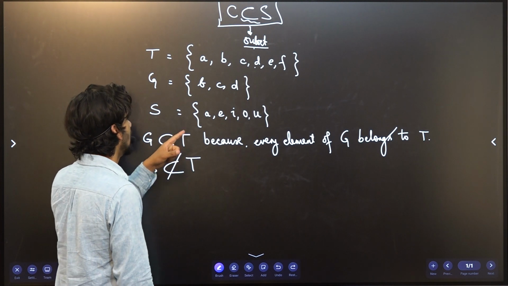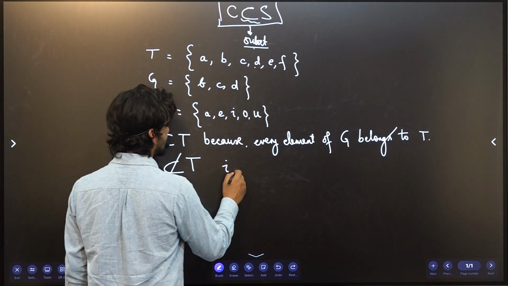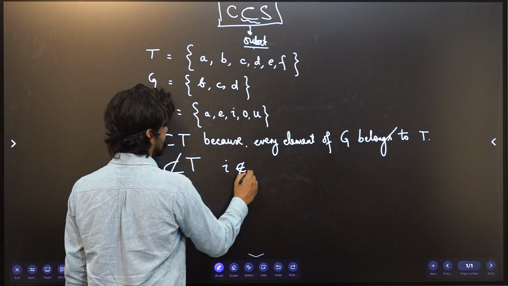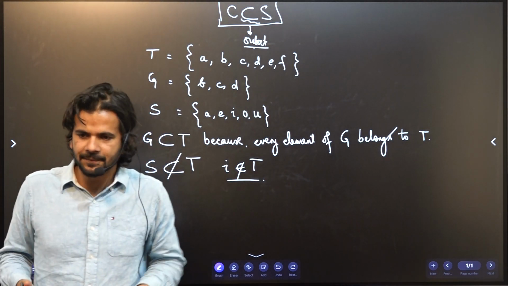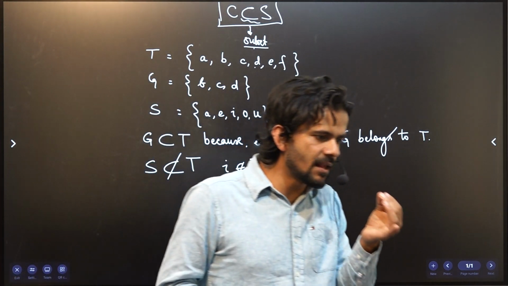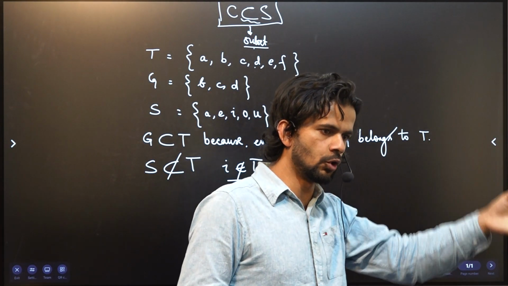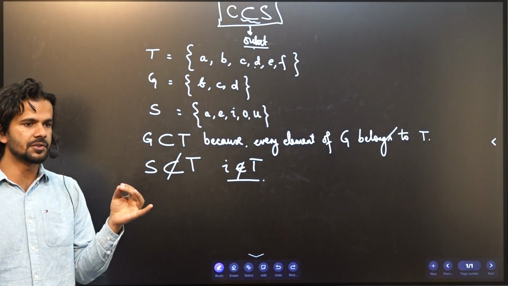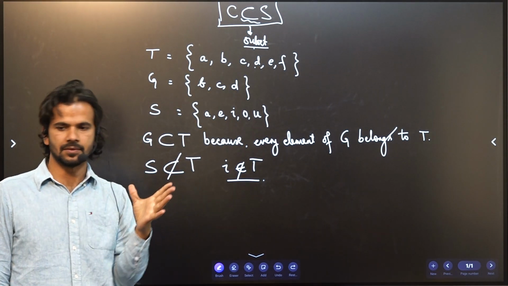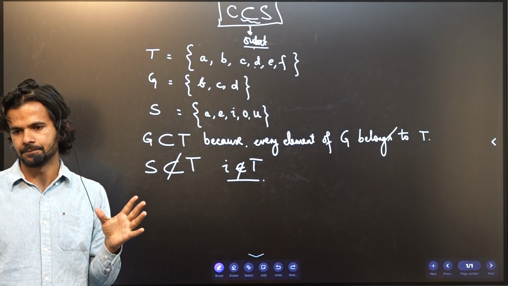Because I does not belong to T. Even if there is one element which does not belong to the bigger set, you can say that the set you are considering is not a subset. We have to be very, very clear.